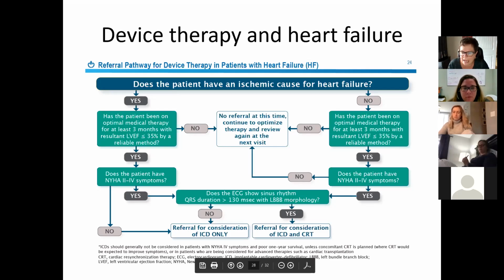Then he's going to get the Cadillac of devices, CRT and ICD. But maybe he doesn't have a wide QRS. Maybe he doesn't have any of that dysynchrony, and he'll only get an ICD. So I just wanted to show you that there is evidence. It's not that Dr. So-and-so puts in more because he gets more money. That's often what I hear. No, there is evidence behind what we do.